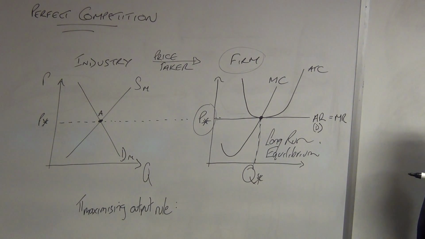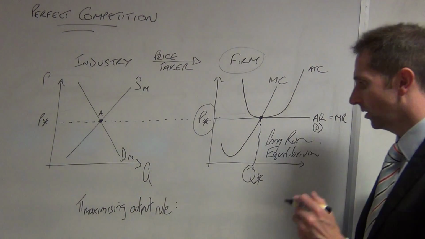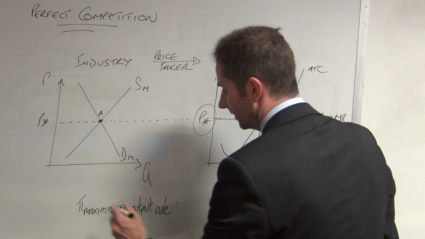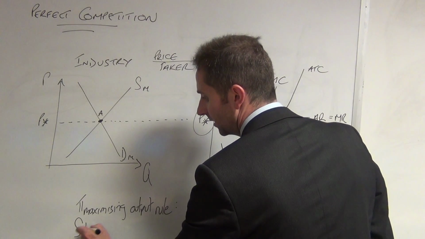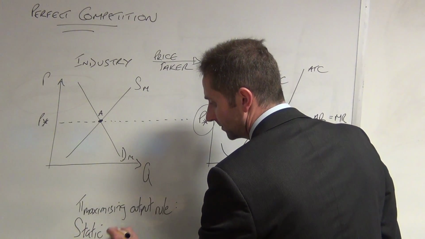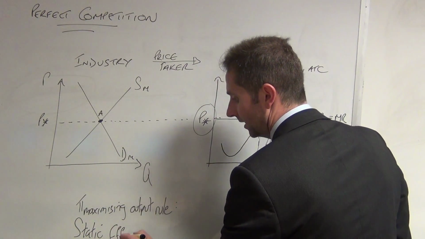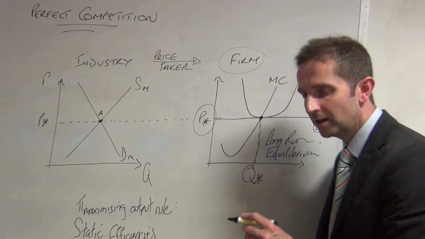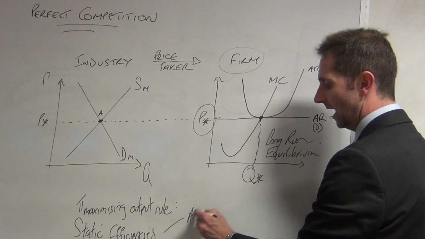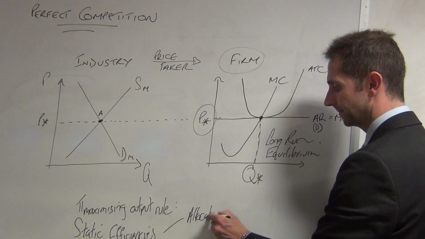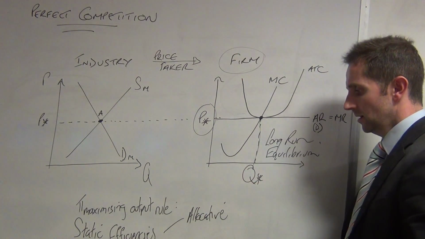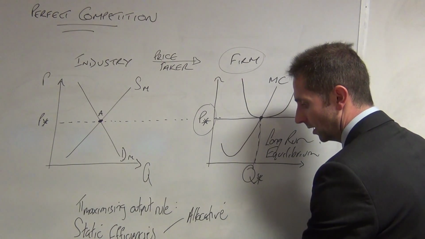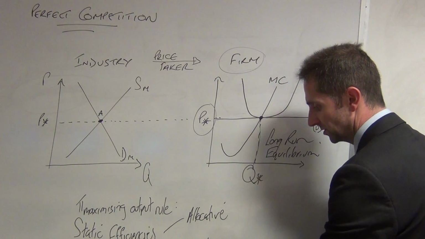Now, in an exam, obviously, you would be asked to comment on the static efficiencies. And I hope you know what those are. Static efficiencies being, on the one hand, allocative efficiency, and on the other hand, productive efficiency.